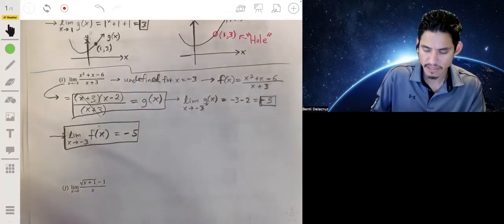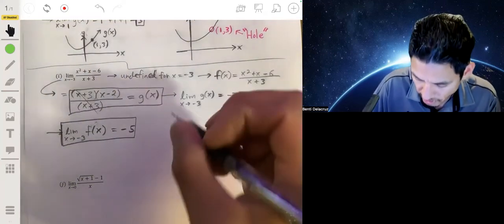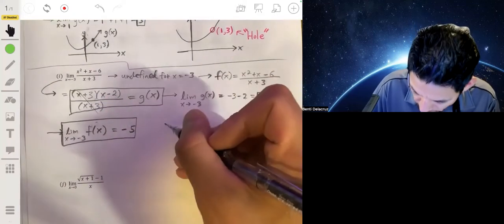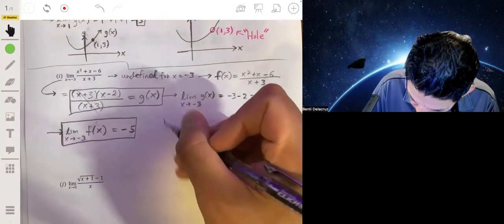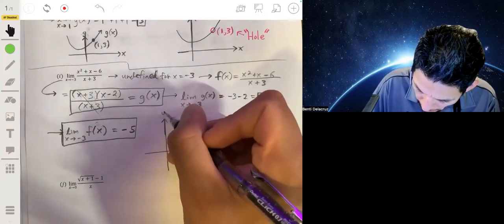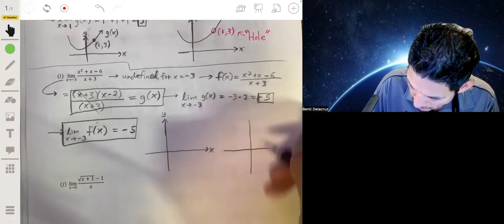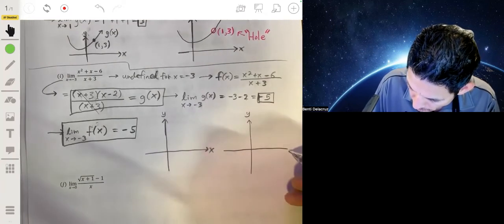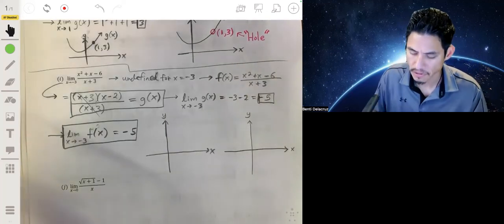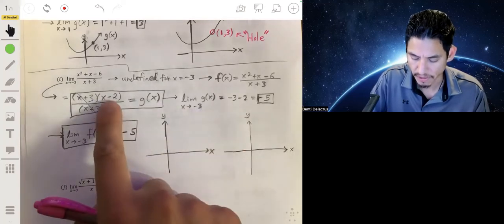Now again, let's actually just draw a sketch of this, because this is a fairly simple graph to know. We're just going to draw the graph of x minus 2. Let's draw them side by side. So for g of x, it's just a linear equation.